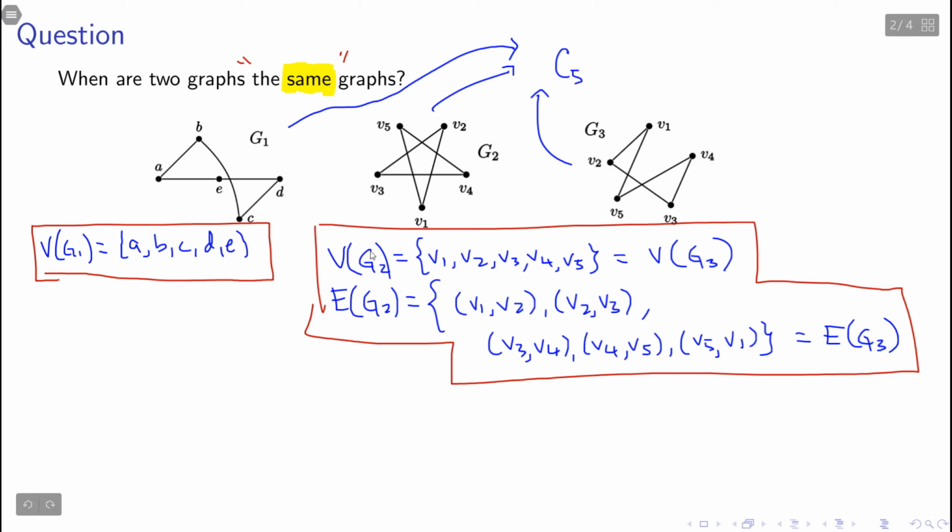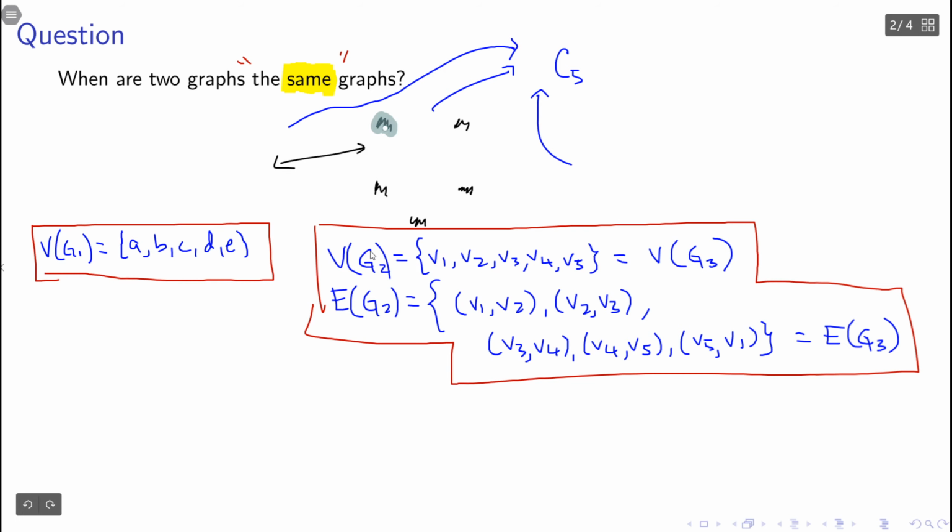One way to think about it is, if I were to remove all of the labels here and just not call my vertices anything, then these would be exactly the same graphs as a result. Again, just drawn differently on the plane.